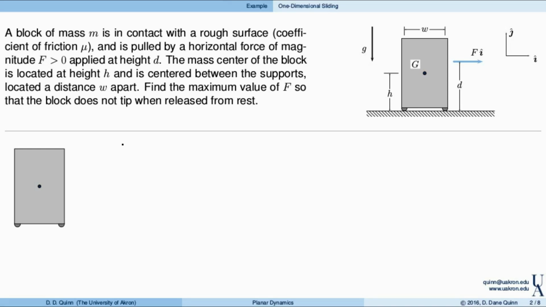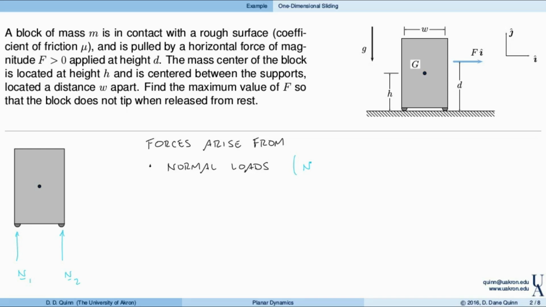forces that act on the block. Right, so these forces arise from a number of places. So there are forces that arise from the normal loads at the supports. So these will be, say, a force here, and we'll say this is N1, and a force here, N2.